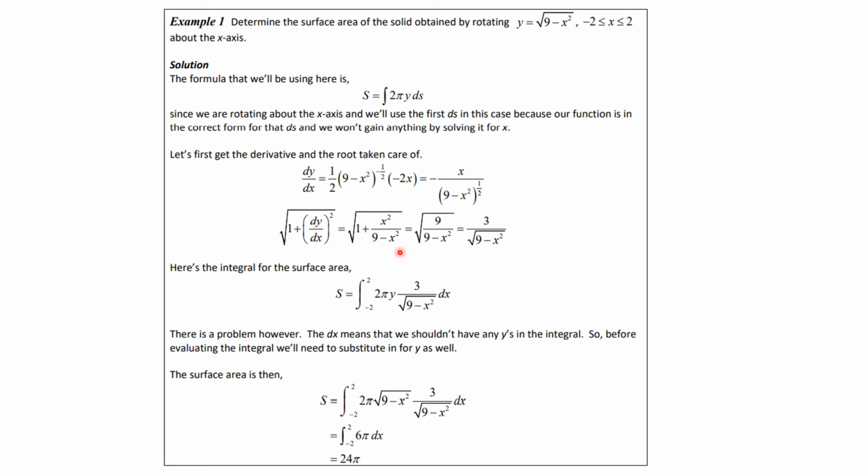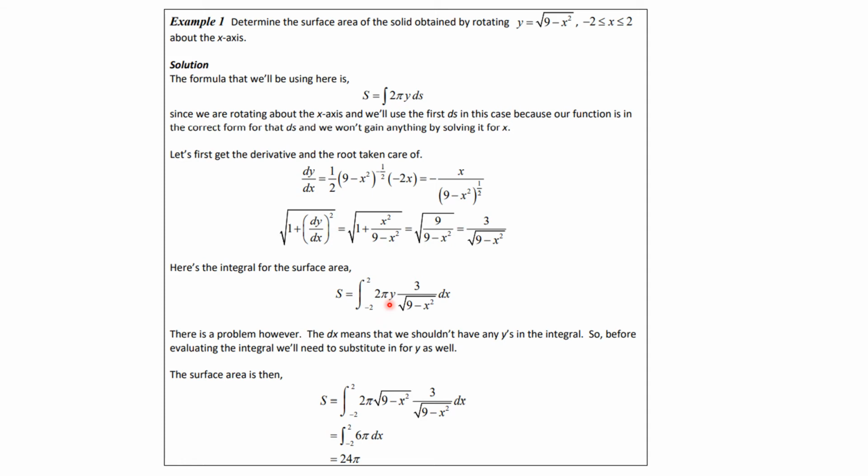But then I'm going to simplify this by getting a common denominator, which is 9 minus x squared. Make sure you follow this calculation, but I'll end up with 9 over 9 minus x squared. I take the square root of the top and bottom, and I get 3 over the square root of 9 minus x squared. So this is what we're going to be integrating, and notice that when I have x here, that means I'm going to have x there.